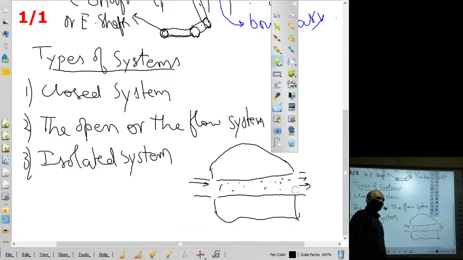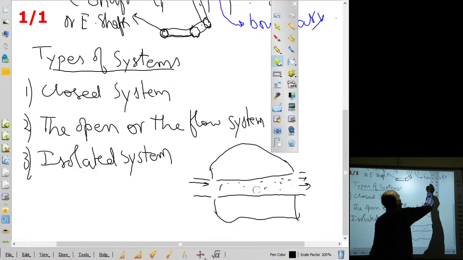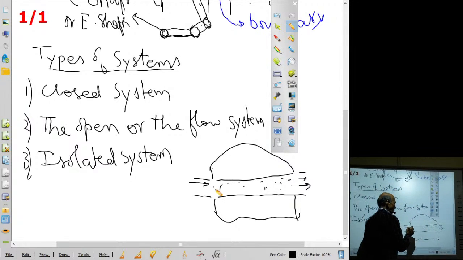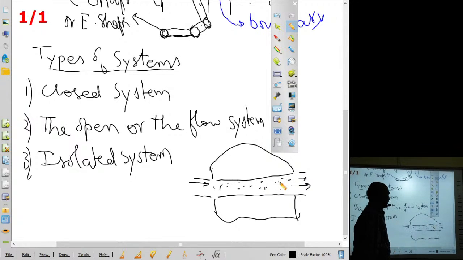Then for a flow system, the boundary is open for the flow. That is why the gas which we are having here is known as the flow or open system.